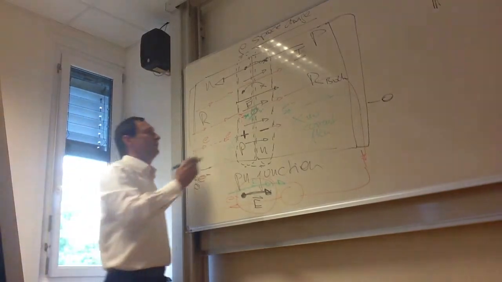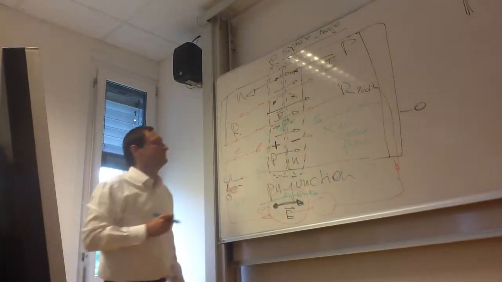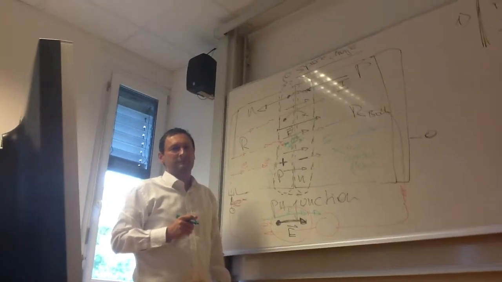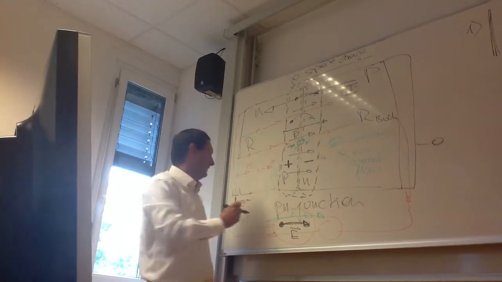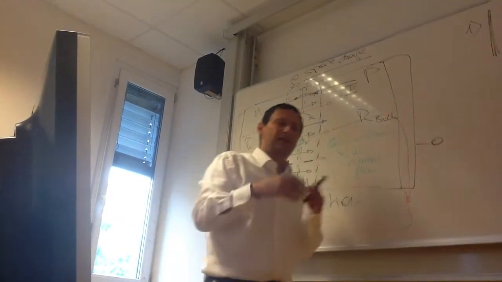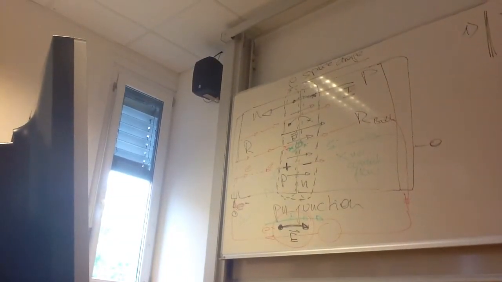So where will the electron move to? The generated electron, where will it move to? If the photon hits our PN junction, then the energy of the photon generates an electron and a hole. That's the inner photoelectric effect.